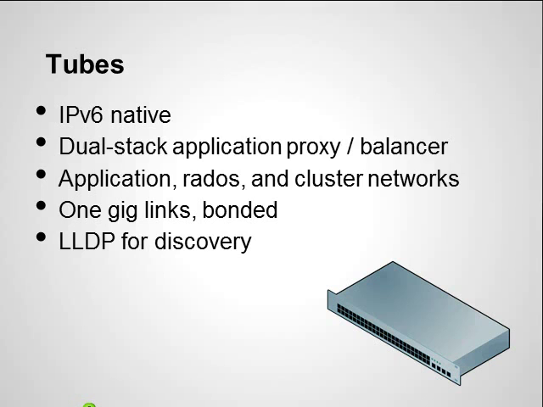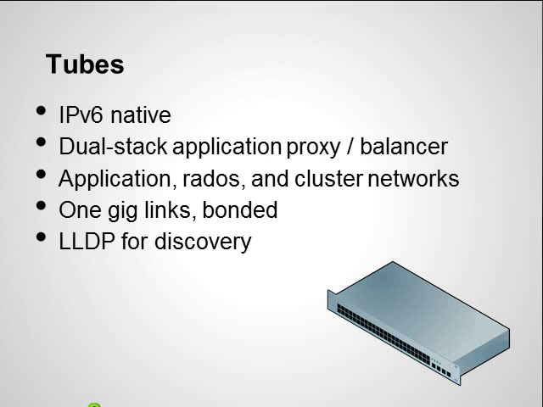So to make that work, we do dual stack application proxies in front of our RESTful RADOS gateways, and they listen to IPv4 and IPv6 on the front, and then they're able to talk to the back end. That's all IPv6.